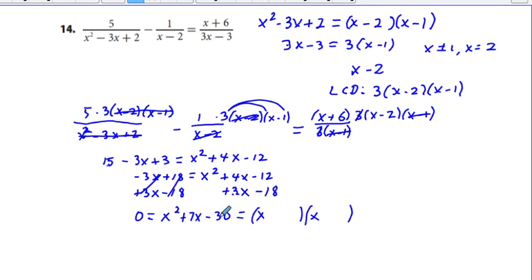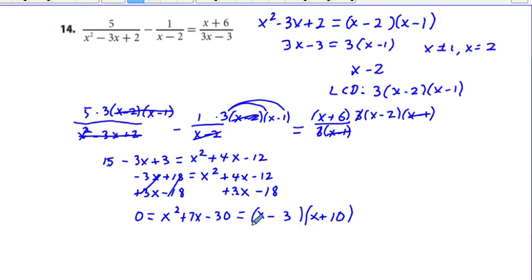How about 3 and 10? Yeah, I think 3 and 10 is going to work, isn't it? So we put 3 and 10 here. And then we have 7. It's positive 7, so it's going to be x plus 10 and x minus 3.